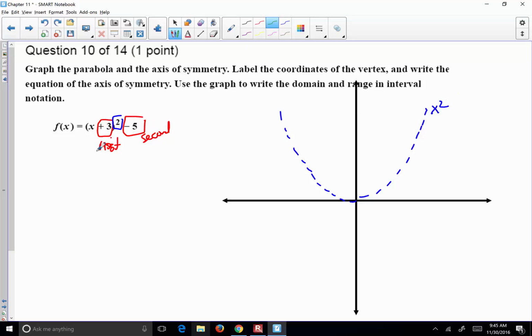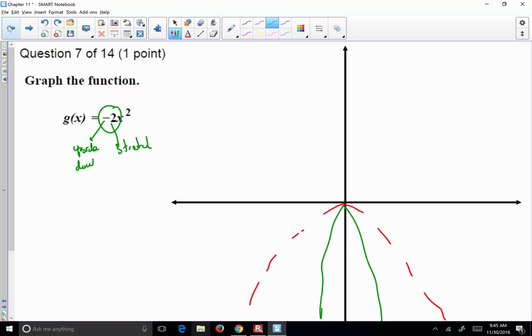But how? What does adding 3 to x do? No, it doesn't raise. Yes, this is a left shift. Left by 3. Right? Have you started to get confused already?